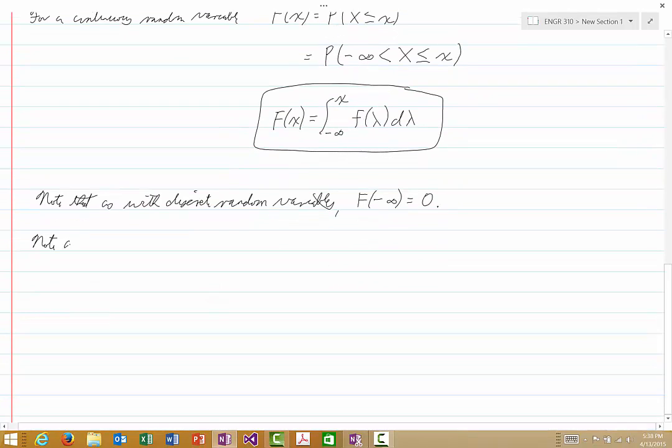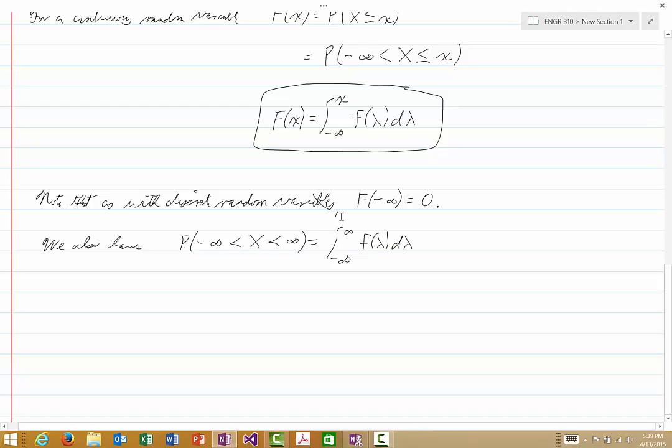We also have the probability that negative infinity is less than X is less than infinity is equal to the integral from negative infinity to infinity of little f of lambda d lambda.